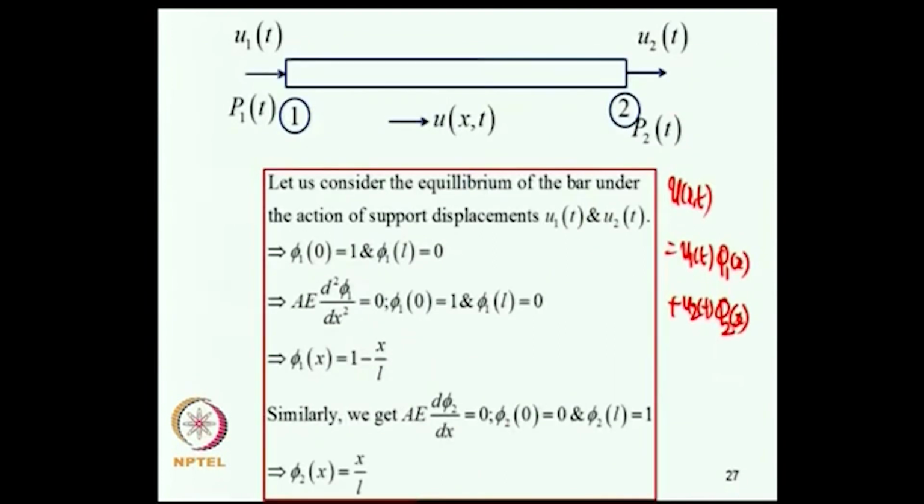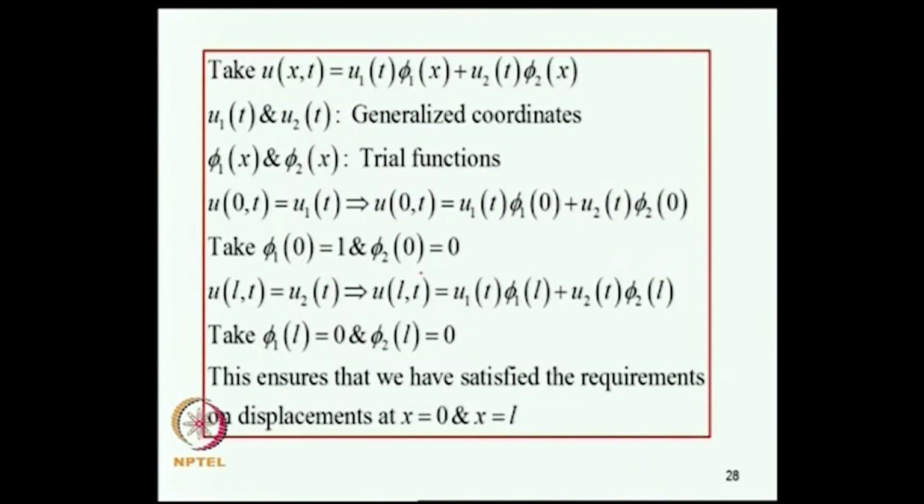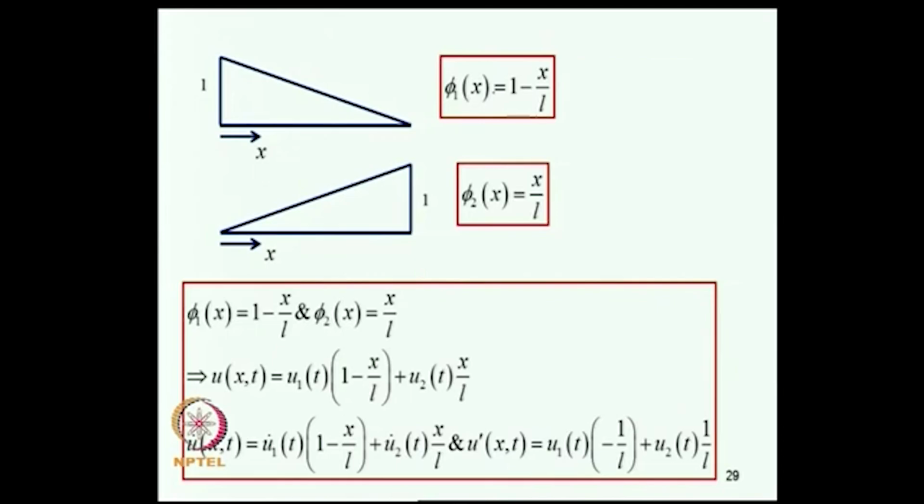In the previous slide I discussed how to select this phi 1 and phi 2 under the required conditions, that is this one and this one. So now we are ready with the interpolation functions, which are 1 minus x by L and x by L, and the approximation for the field variable as shown here.